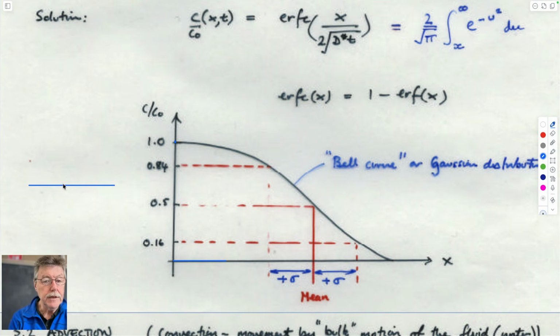So for a step input like this, the bell curve, as it evolves, I want it to peak right at the peak. That's good enough. So this is the cumulative probability distribution.